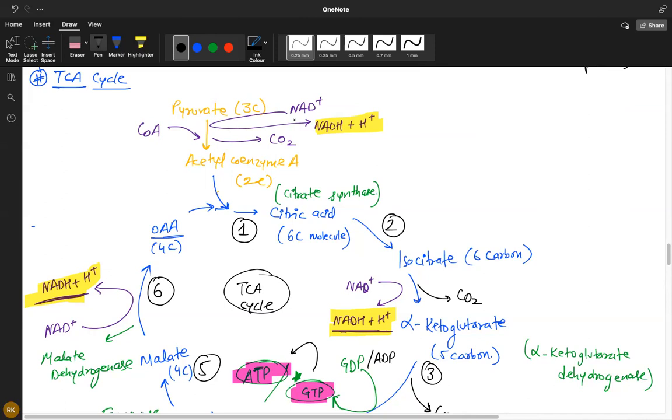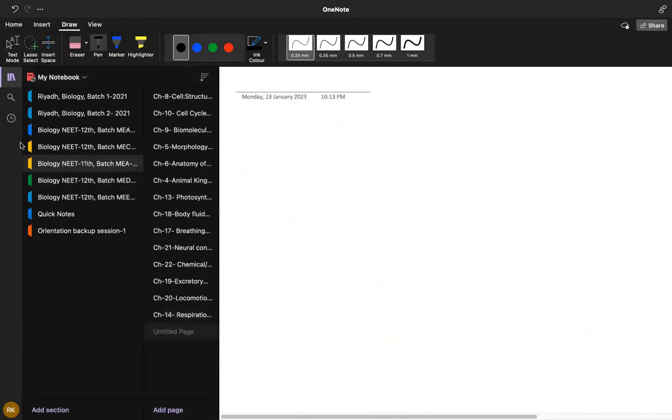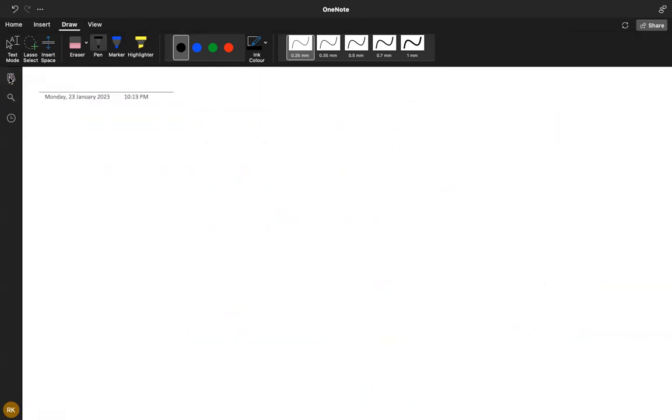Okay, cool. So with this, we finish this chapter, and let me add a new page and let's start at least the basic foundation or discussion of the next chapter, which is chapter 15, plant growth and development. Okay. So how many of you have already done this in your schools?